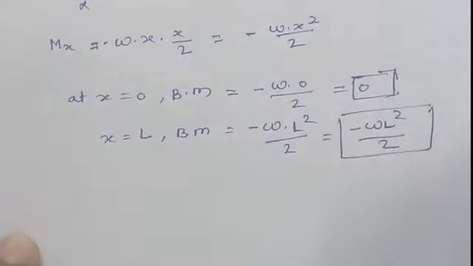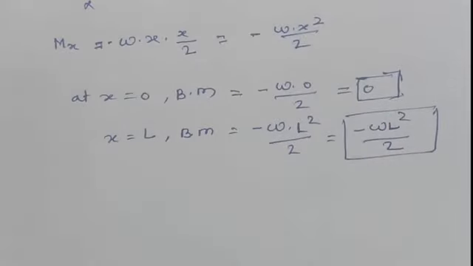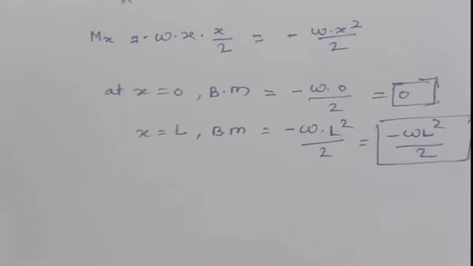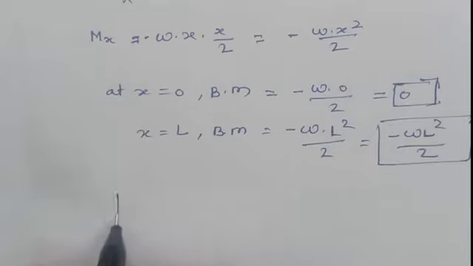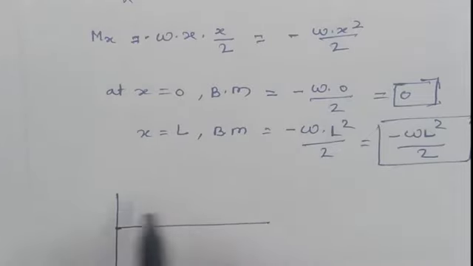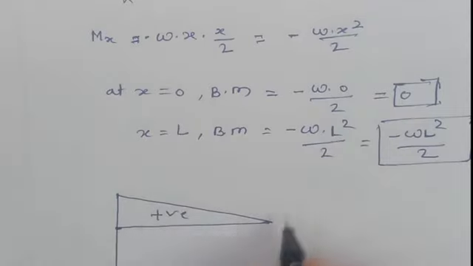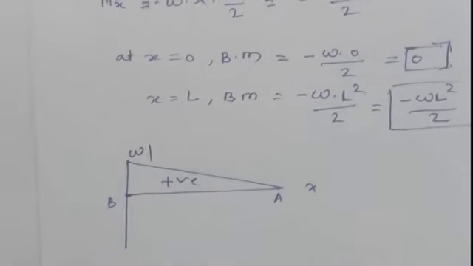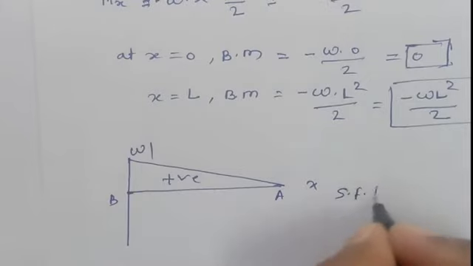Now based on that, how can we plot the bending moment diagram? The shear force diagram which we have drawn here is positive over the span x, and at B it is WL.